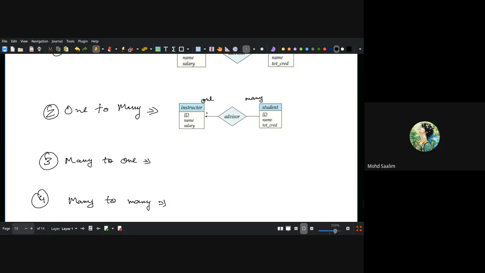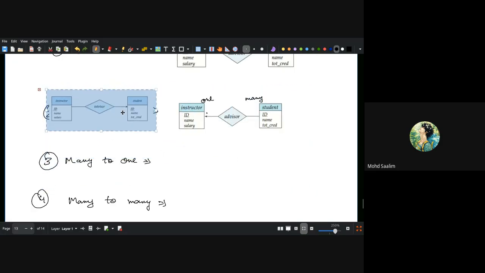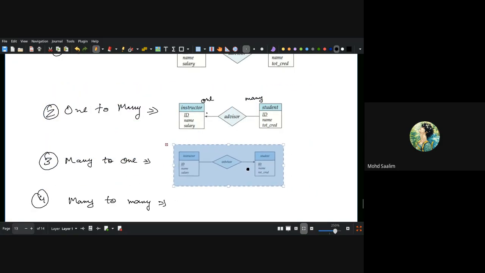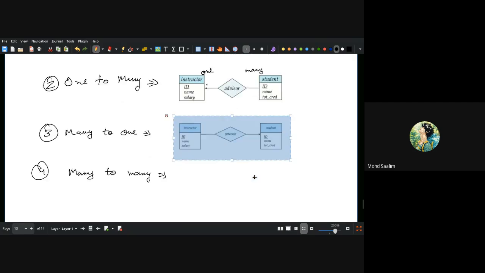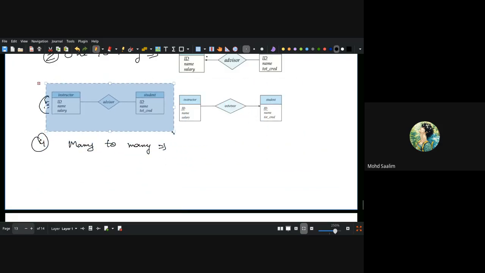So I will just quickly paste them. Till now, you can just assume how they will look. I think you have the required knowledge. So this is many to one. You can clearly spot where the arrow is and where it is not, to understand how it is many to one. And in many to many, there is no arrow at all on both the sides.